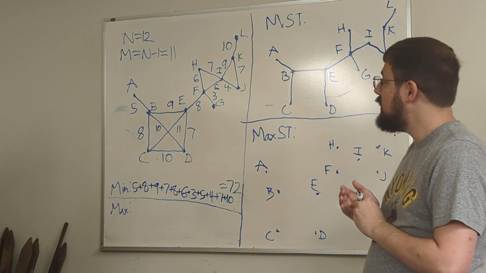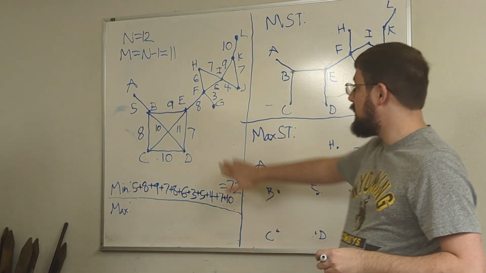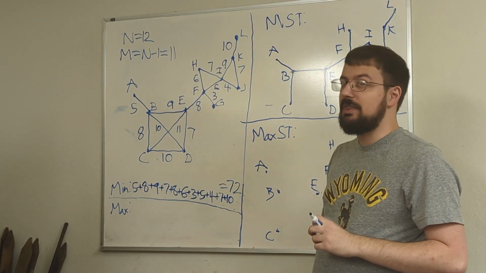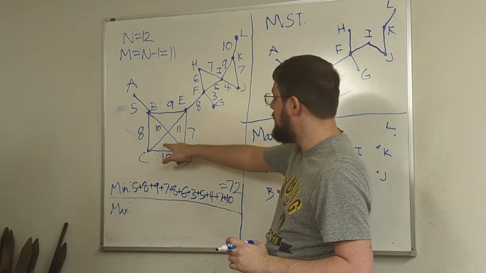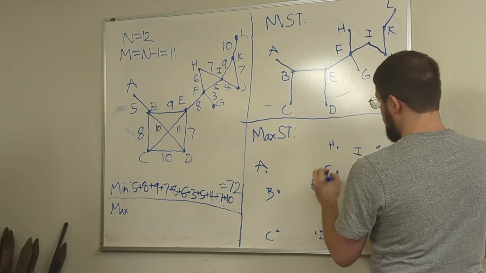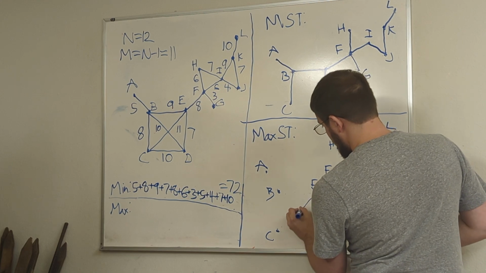This is doing the exact same thing, but in my opinion, it's a little bit of an easier way to think about it. So what we're going to do, if we look at this graph, we're going to find the edge with the highest weight instead of starting with the lowest weight. So that would be C to E with a weight of 11. So we're going to add that edge to our tree.